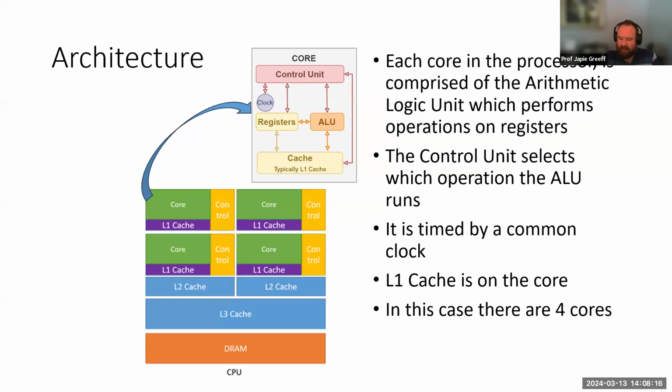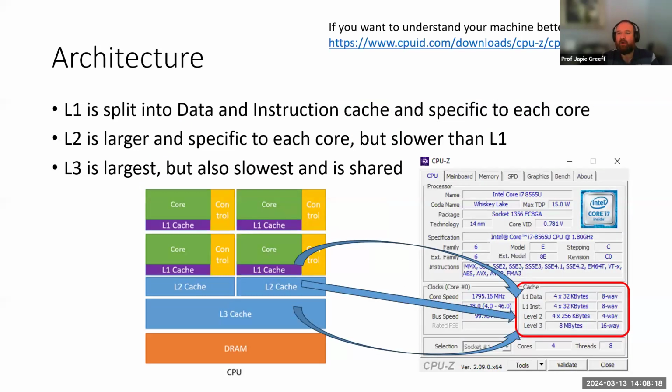But now if we look a little bit wider at the concept of cache, and specifically cache as it refers to memory, there are 3 levels of cache that you will use inside of a CPU. The fastest one is going to be the L1 cache, and this is split between a data cache and an instruction cache.